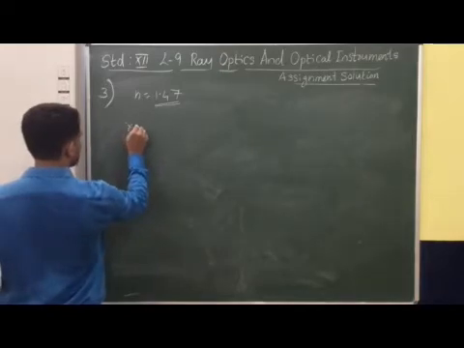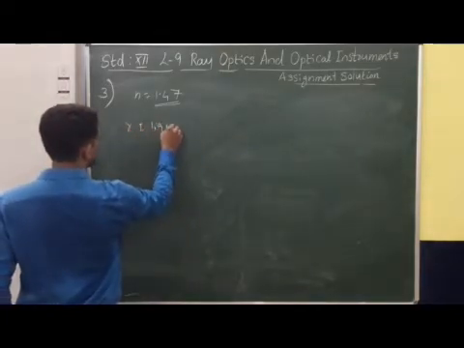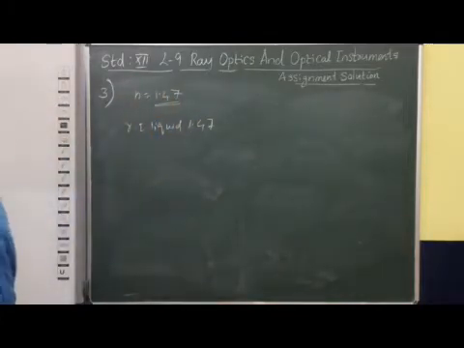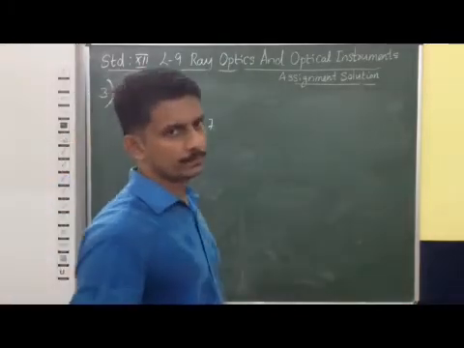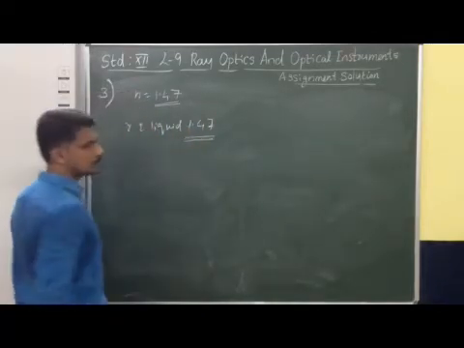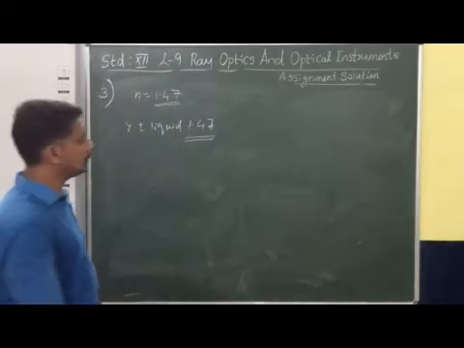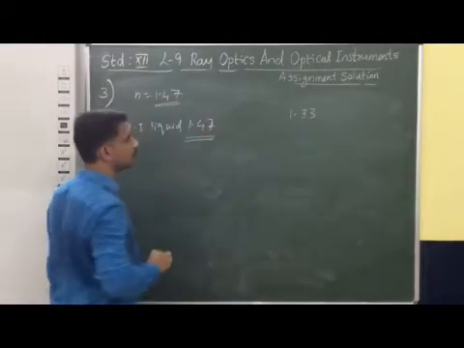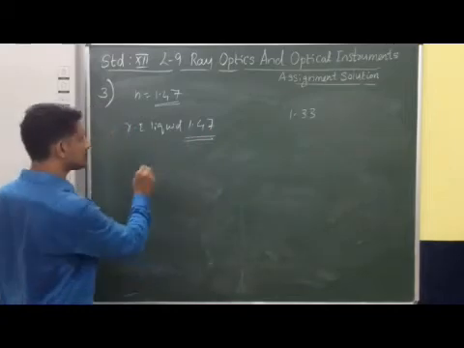So the refractive index of the liquid is also 1.47. Then only this lens will disappear. And the refractive index is given as 1.47, so it will not be water. The refractive index of water is 1.33. So this is 1.47, which means this substance is glycerin.